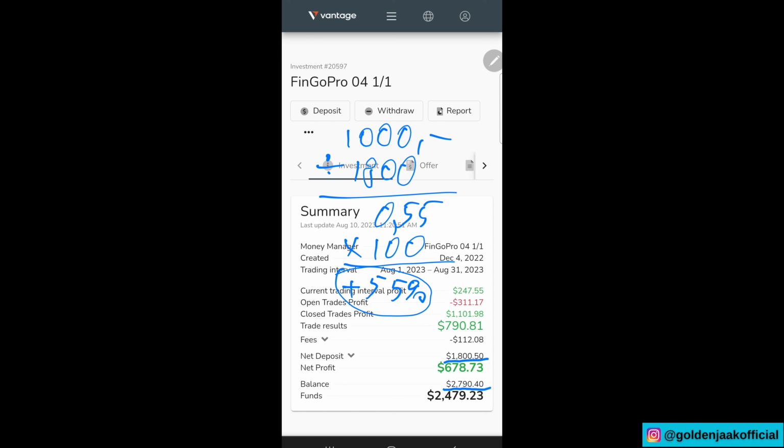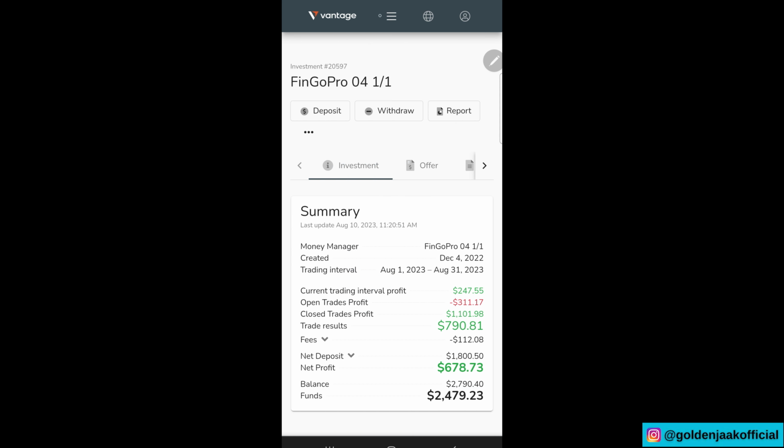The actual profit percent on this account is much higher because I added quite a bit of money about a month ago. Anyway, what I meant by the numbers being misleading is how the Fingo Pro solution shows you the results. This net profit here is completely misleading because it also includes the open trades in the profit calculation.